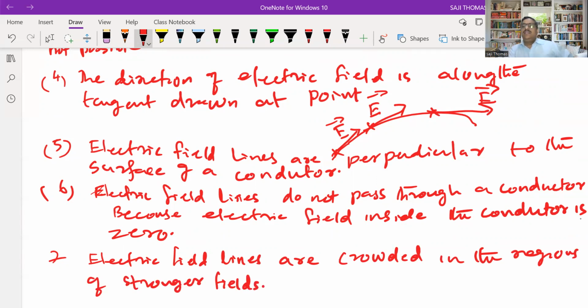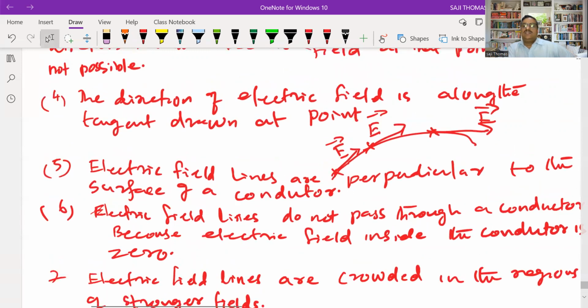Okay, these are the properties of electric field lines.